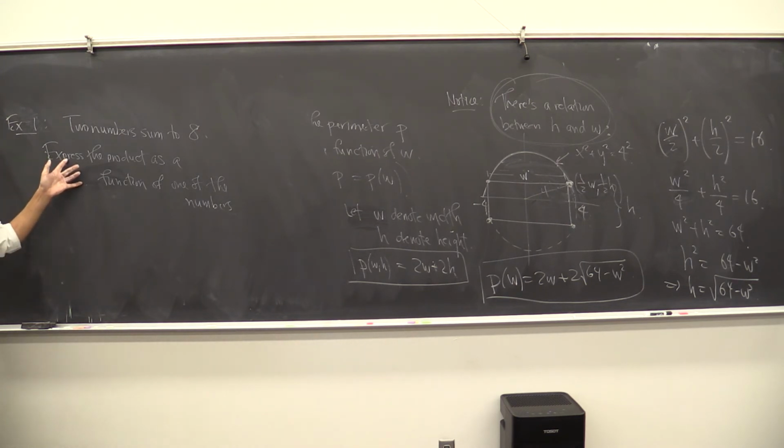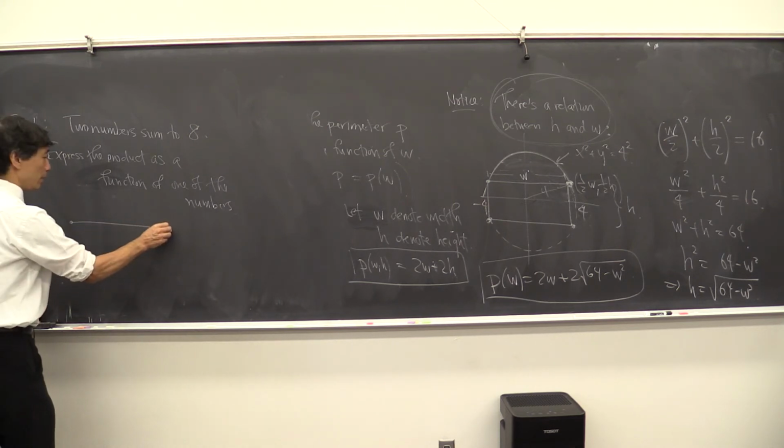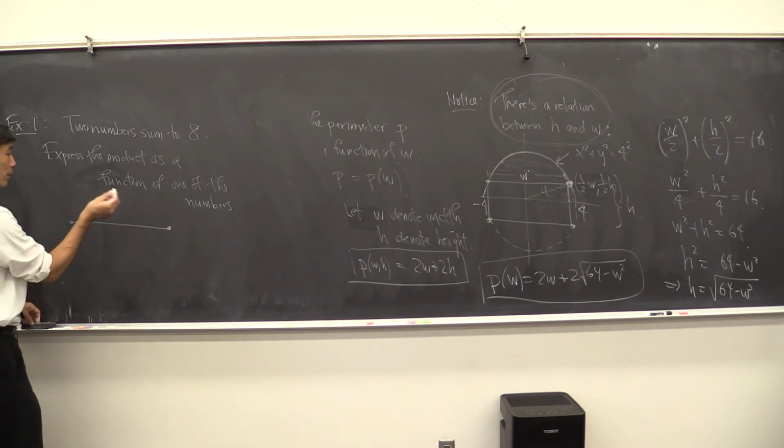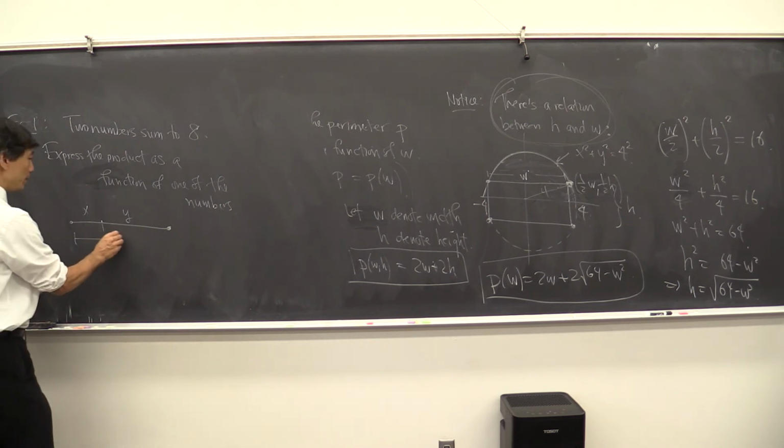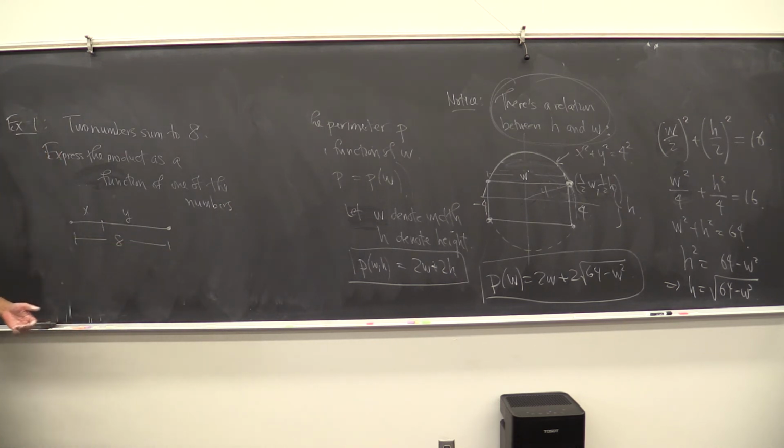The other one we started off with a picture. I don't know if you want to have a picture for this one. You could. You could say you've got this length 8, and you've got two numbers, X and Y, and they sum to 8. You notice that one of the first things I do is put some variables on it.